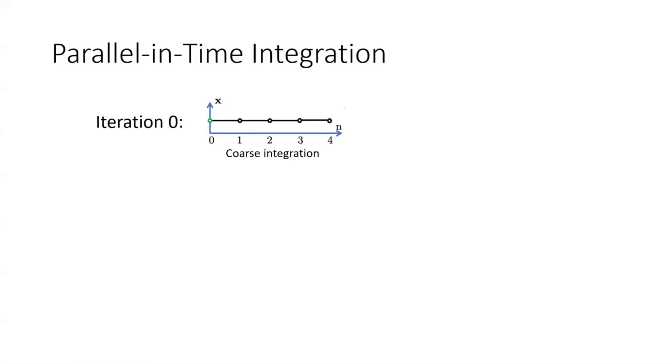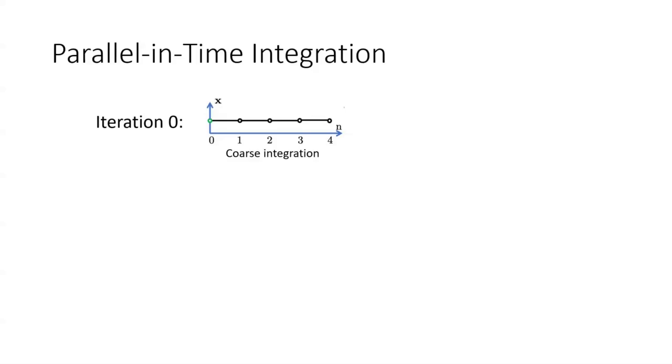Just as an illustration, your coarse method says that these are the values of your system at each of these different time points. You run this coarse integrator. The important thing is that this is supposed to be very cheap with respect to your actual integrator. In the ideal case, it should be negligible. So let's assume for a second that this is negligible, very cheap.